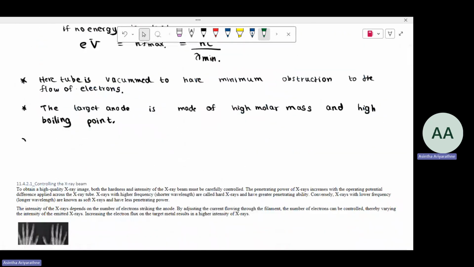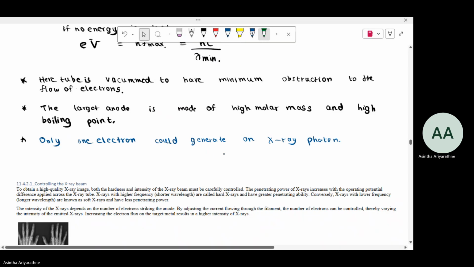Here is an important fact: only one electron could generate one X-ray photon. So a combination of electrons could generate one X-ray photon.